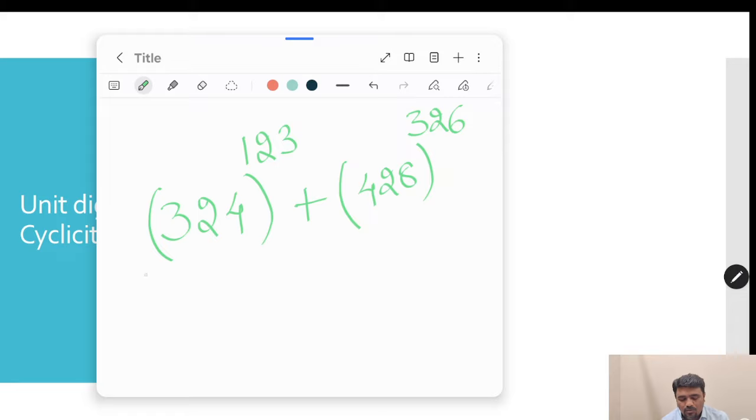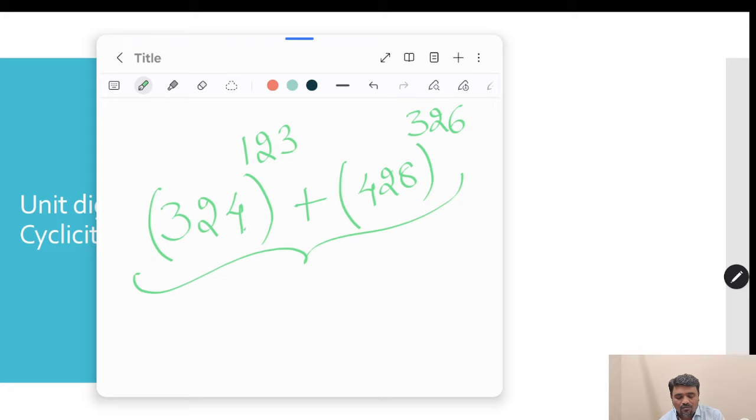Okay. So what is the unit place in the result? For that, I need to find out the unit place of the first one and the unit place of the second one. Already you know that unit place depends on the unit place only. So here unit place and here unit place. If I add it, I'll get the answer.